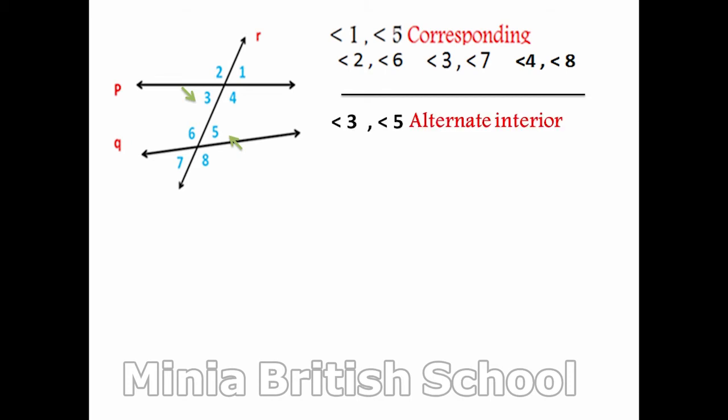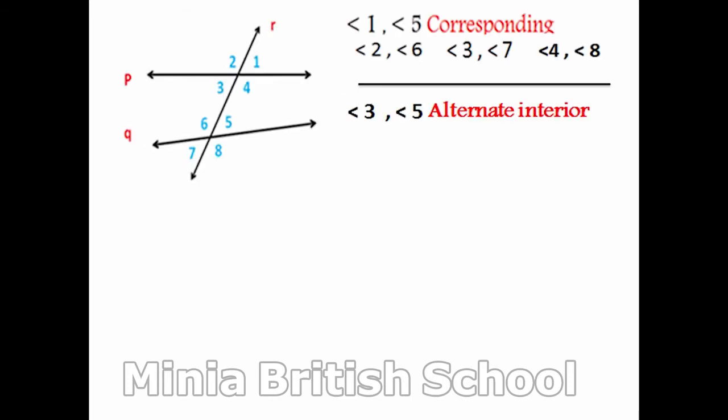We know why they are called interior, but why exactly are they called alternate? That's because the two angles are on opposite sides of the transversal. Similarly, angle 4 and angle 6 are also called alternate interior angles. This was the first type of the interior angles.